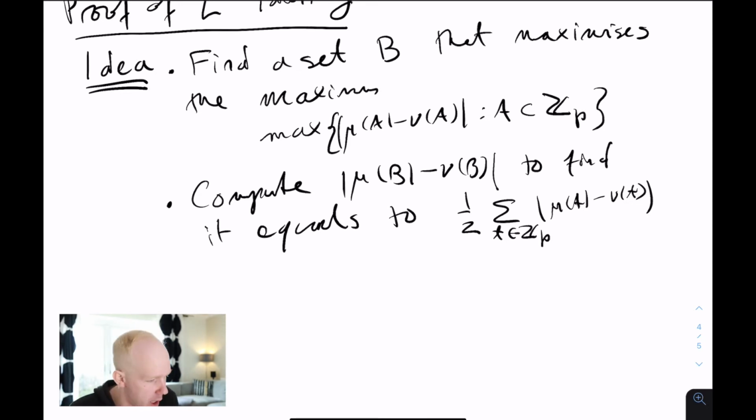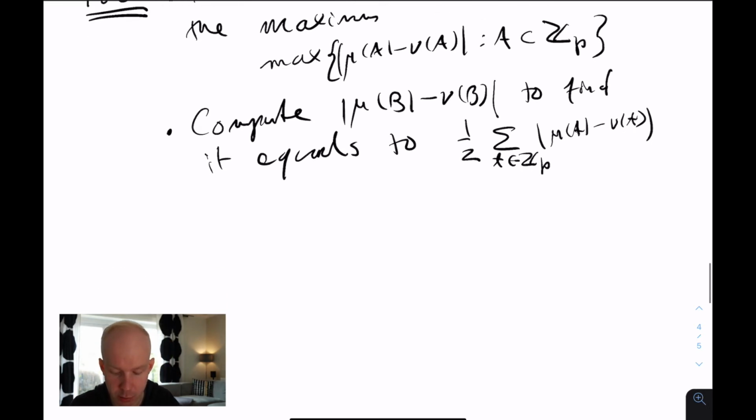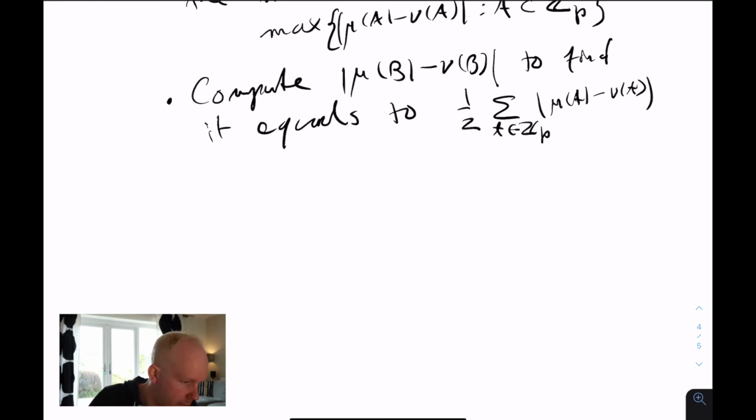So that's the main strategy of the proof. What I'll do is start this proof by just giving you the construction of the set B, and then showing why it maximizes the thing, and then the rest goes into completing the proof.